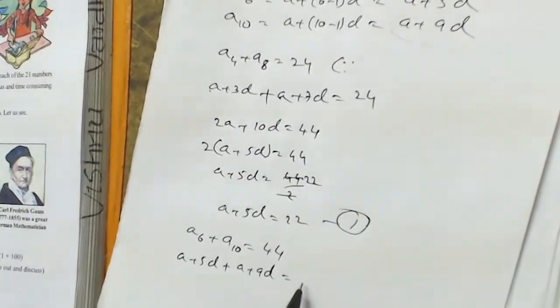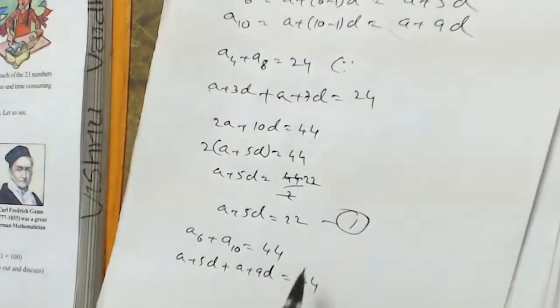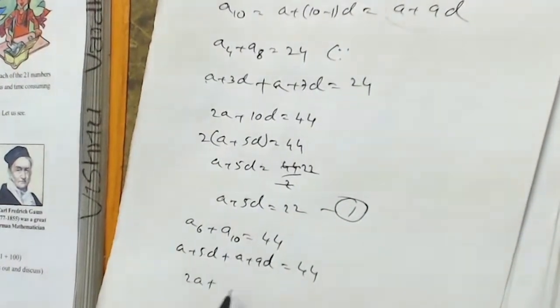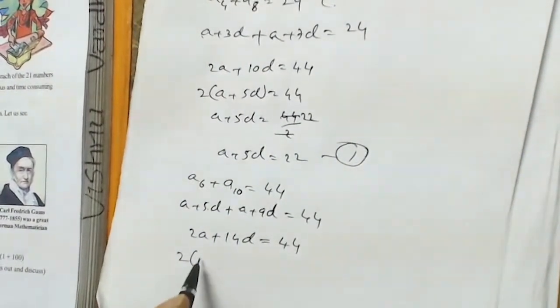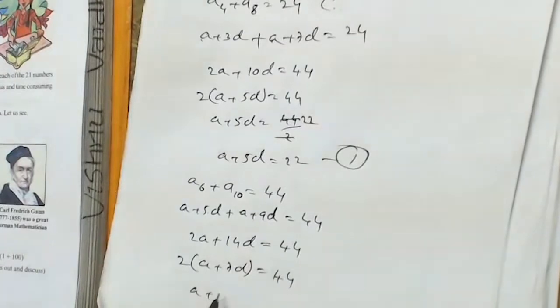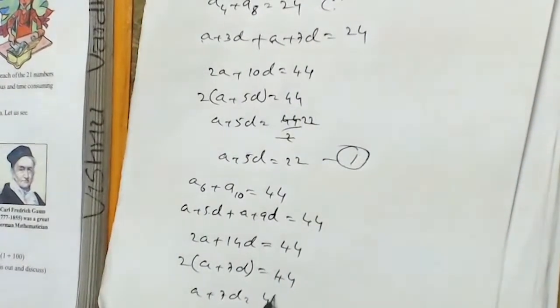A terms are like terms, so they add up to 2A. 5D and 9D are like terms, giving 14D, equal to 44. 2 and 14 are in the 2 table, so take 2 as common: 2 times A plus 7D is equal to 44. And this 2, if you take to that side, it will divide 44 by 2.